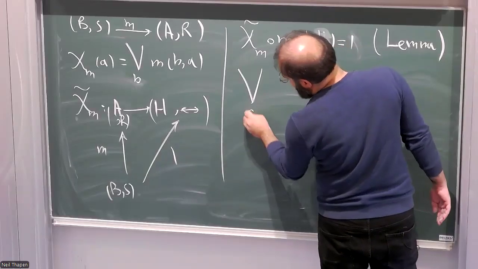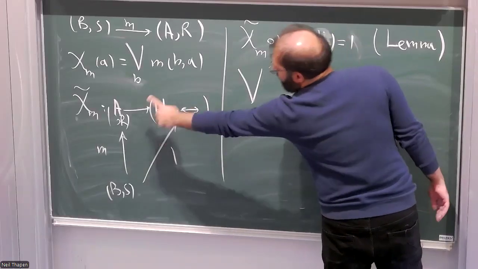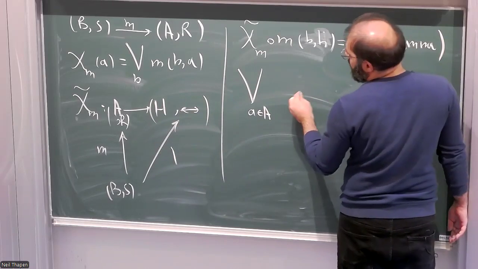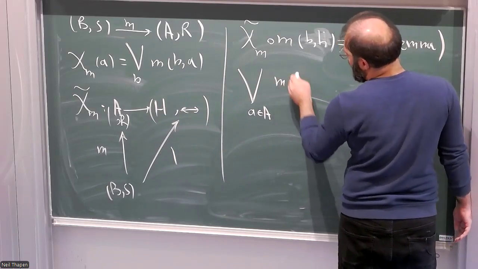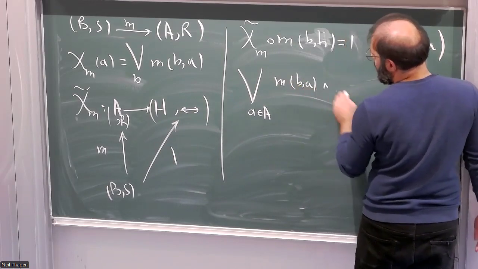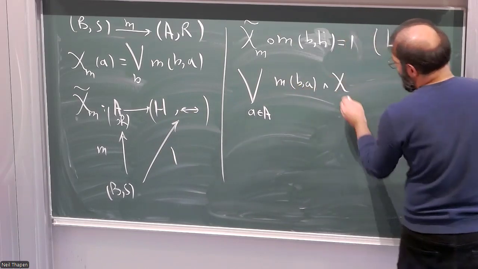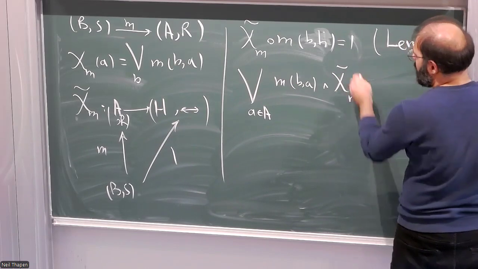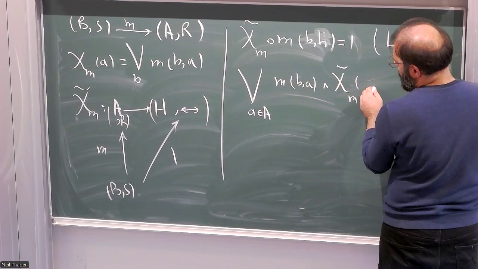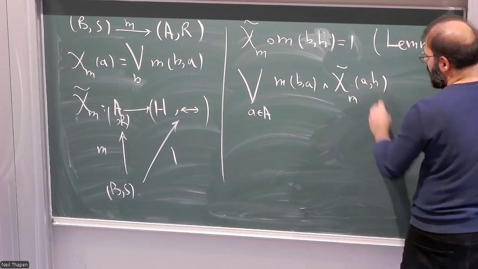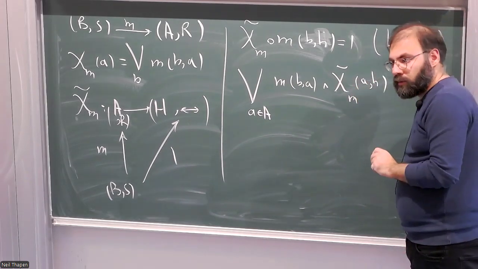big join on A, in between, and then M, B, A, and phi M tilde of what? Of A, H, right?